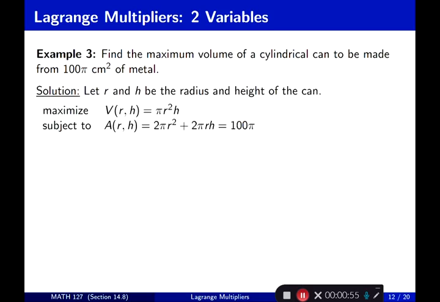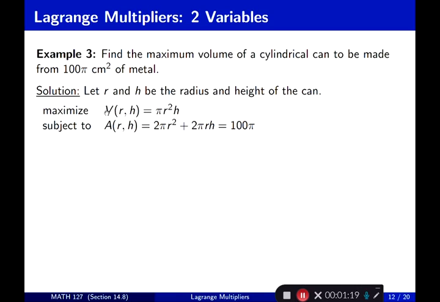So V of r and h equal to pi r squared h is the volume. A of r and h equal to 2 pi r squared plus 2 pi r h is going to be the constraint, equal to 100 pi.